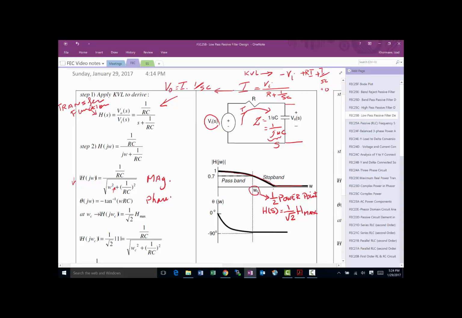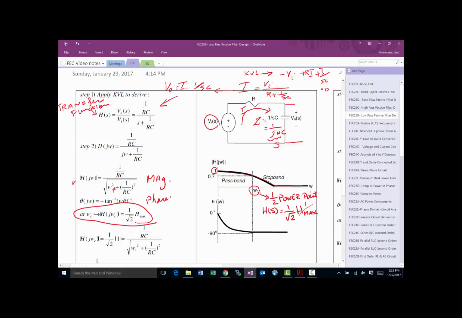In this case, the maximum is 1 because this is a passive filter. Output can never be bigger than input. So at omega c, H(s) is 1 over square root of 2. That's how we find omega c.